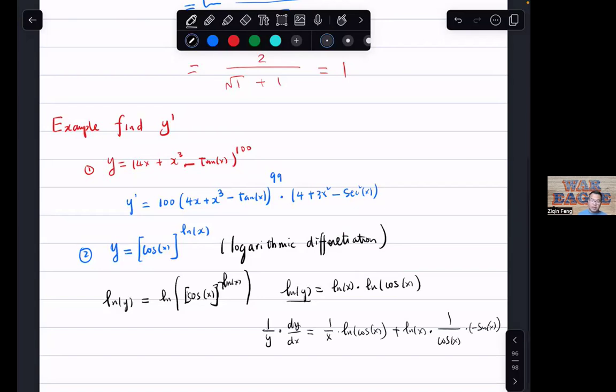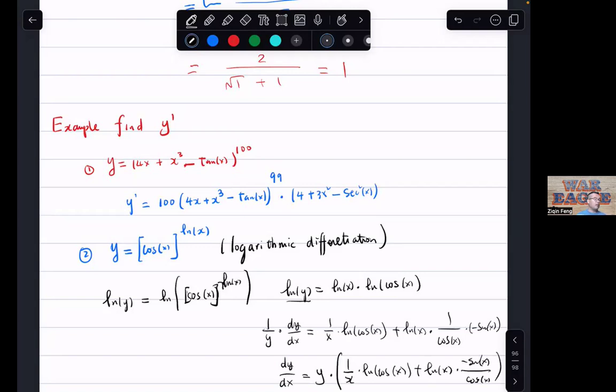And so you get dy over dx is y times 1 over x times natural log of cosine of x plus natural log of x times negative sine of x over cosine of x. So this is how we get y prime using the method called logarithmic differentiation.